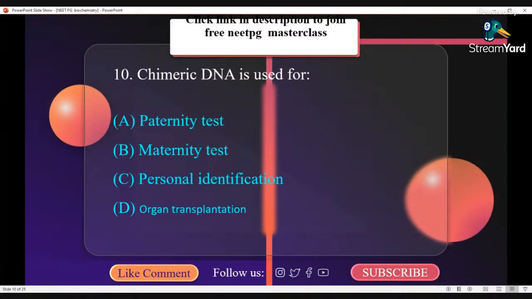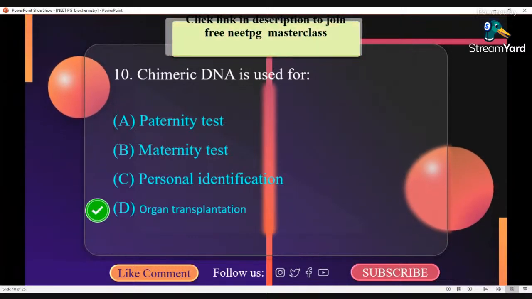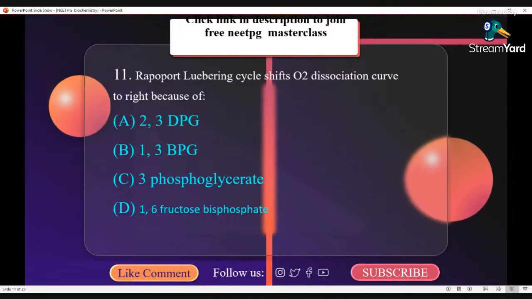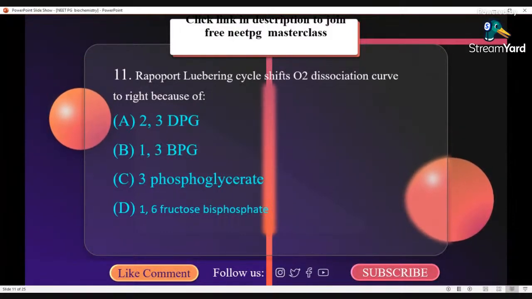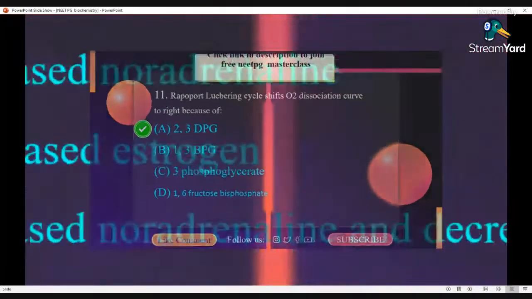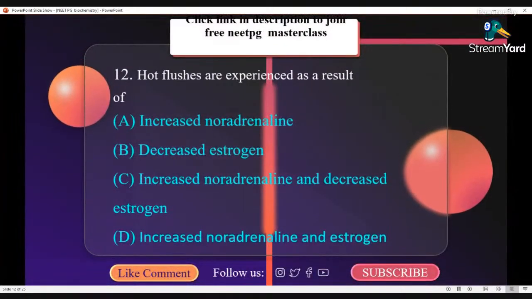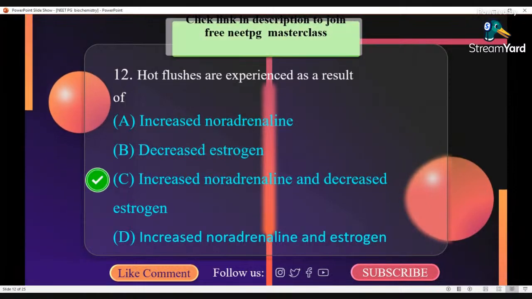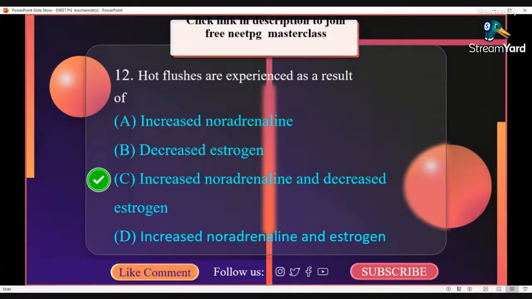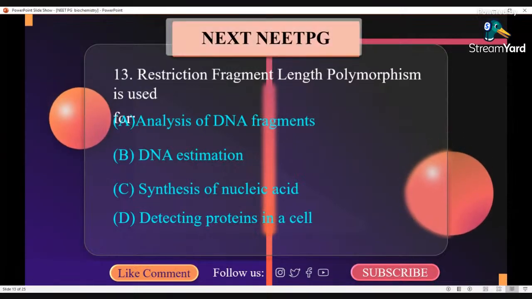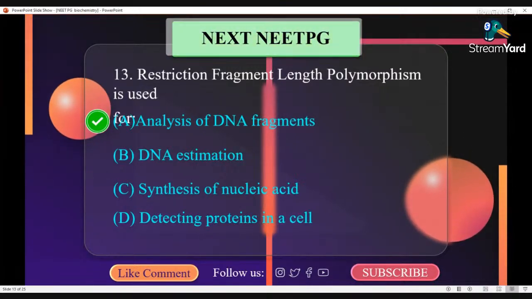Chimeric DNA is used for organ transplantation. Rapoport-Luebering shunt shifts oxygen dissociation curve to right because of 2,3-DPG. Hot flashes are experienced as a result of increased noradrenaline and decreased estrogen. Restriction fragment length polymorphism is used for analysis of DNA fragments.